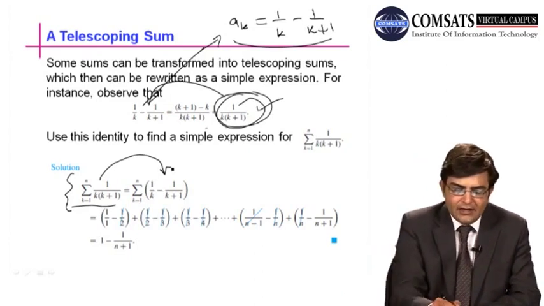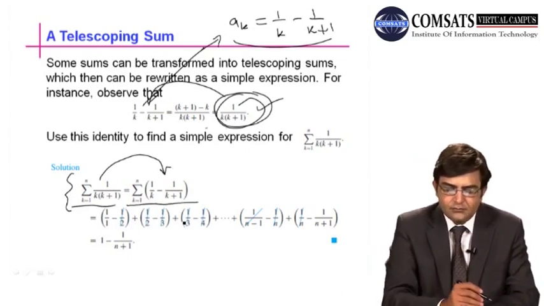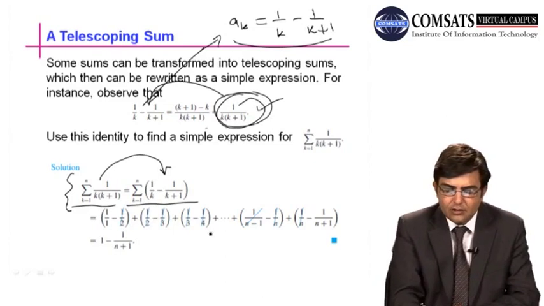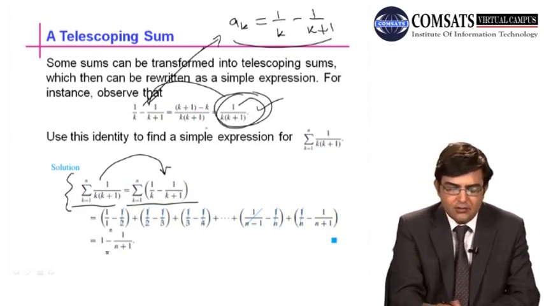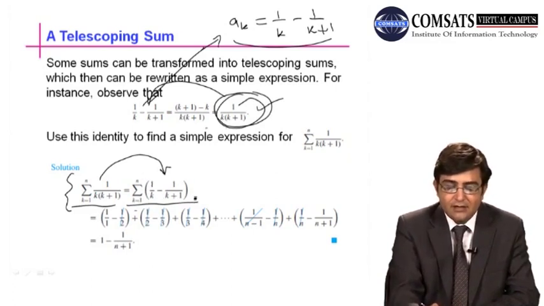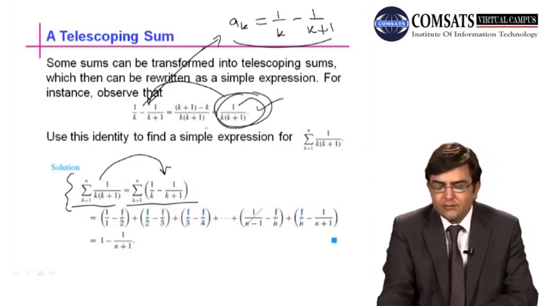And then if we expand this form, we can easily obtain this, because k is varying from 1 to n, and we have 1 over k minus 1 over k plus 1. If we put k is equal to 1, we get 1 over 1 minus 1 over 2 plus 1 over 2 minus 1 over 3 plus 1 over 3 minus 1 over 4, and so on until this.